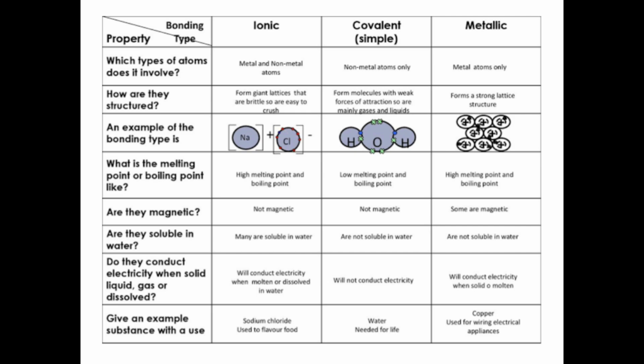In terms of electricity, ionic compounds can conduct electricity due to mobile ions. Covalent compounds cannot conduct. Metallic compounds can conduct when in solid or in molten form. An example of ionic compounds would be sodium chloride, used as flavor in food. Water is an example of a simple covalent compound that is needed for life. Copper is an example of a metallic atom that is used for electrical wires.